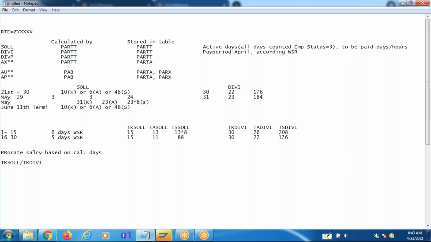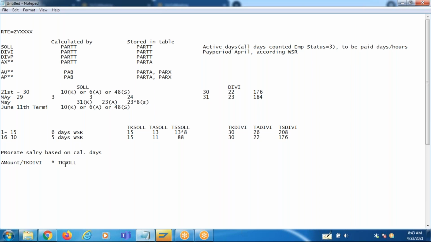Unpaid absences we have not discussed yet. We will discuss that later. Or else you can take it like this: the basic salary amount by number of days, TKSOLL.